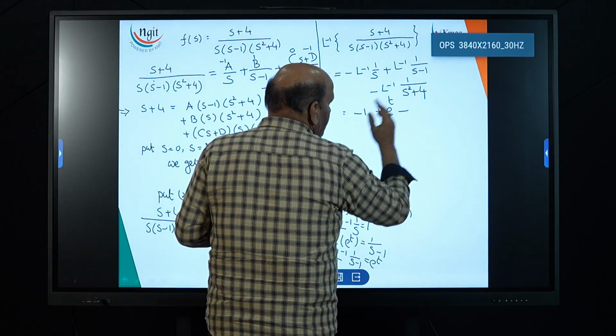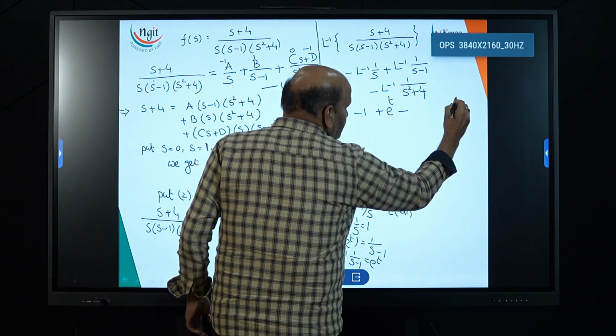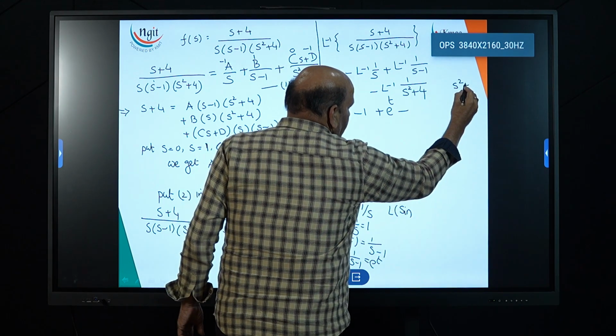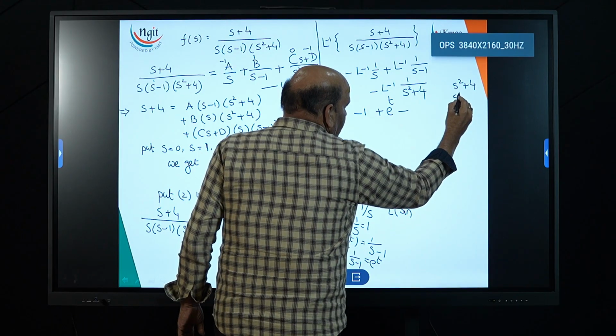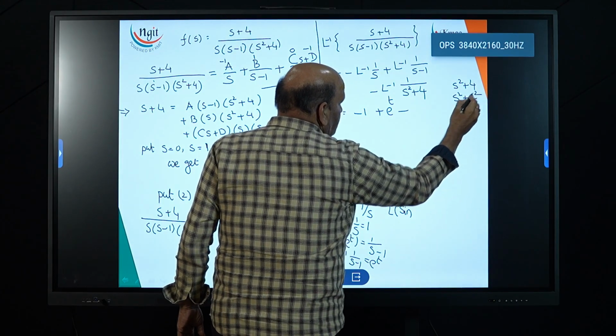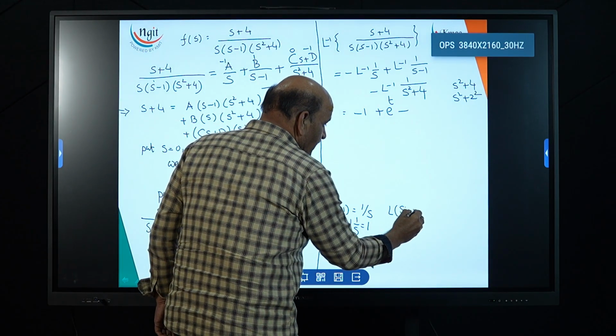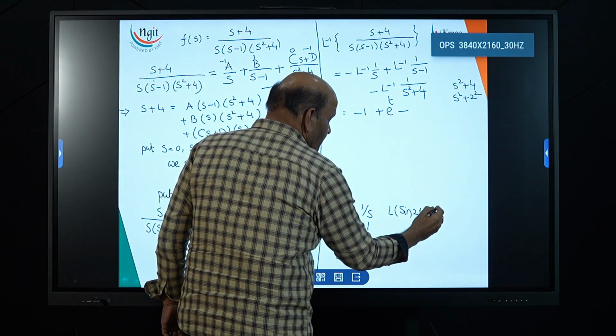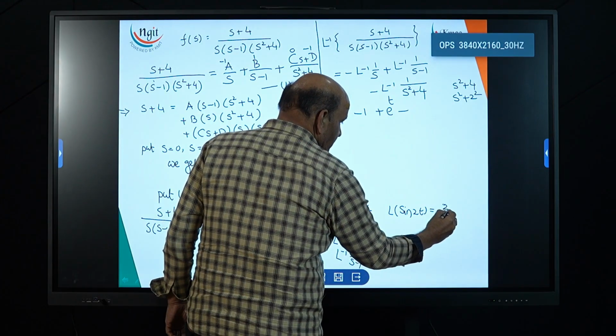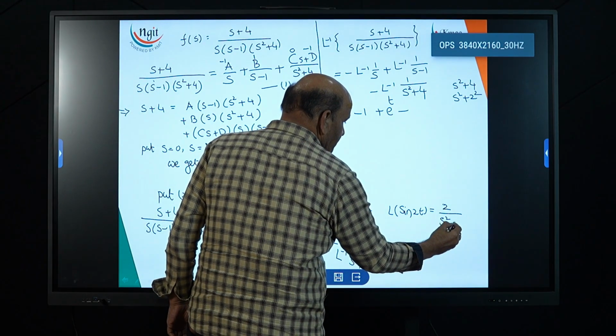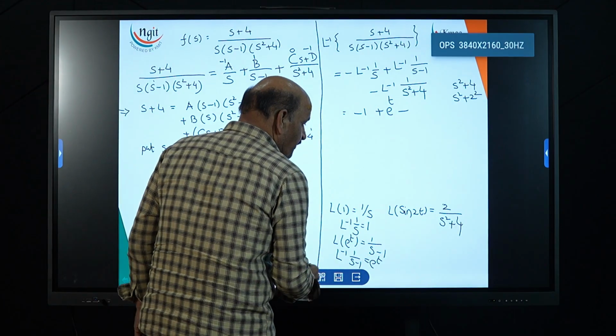4 can be replaced as S square plus 4 we have. 4 can be written as S square plus 2 square. Now the formula: Laplace transformation of sin at equals a by S square plus a square, here a equals 2.